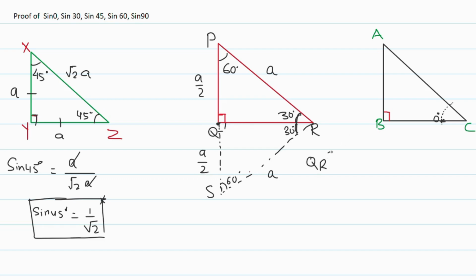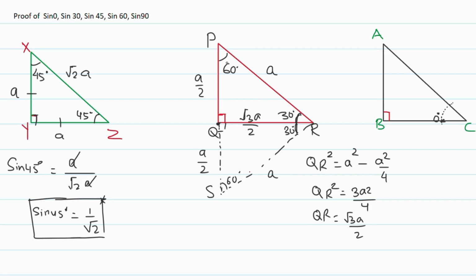So QR square will become a square minus a by 2 whole square, which will become a square by 4. So QR square will become 3a square upon 4. So ultimately QR will become root 3a upon 2, which is also the height of an equilateral triangle, you can understand. So the proof of the height of an equilateral triangle can also be understood by the same.